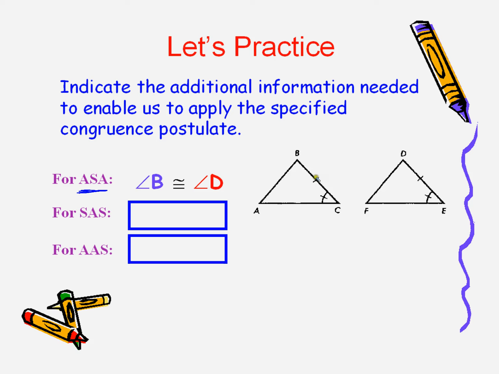Well, here we have a side and an angle congruent to a side and an angle. So for side angle side, we would need AC is congruent to FE, or we can write those different ways because we switch the order, but AC congruent to FE would give us side angle side.